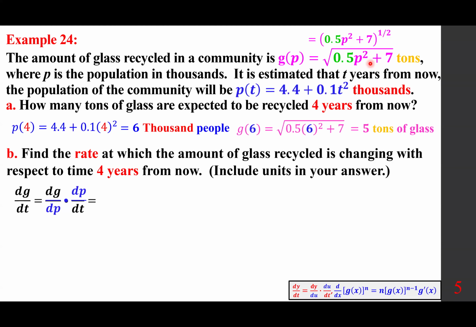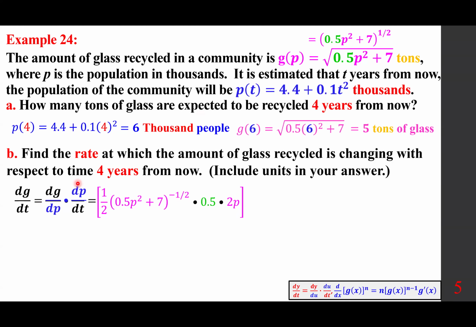And times the derivative of the inside, which is 0.5 times 2P. So let's look at it here one more time. 1/2, the parenthesis to the power of 1/2 minus 1, which is negative 1/2. Now the derivative of the inside is just P, or you might say 0.5 times 2P.